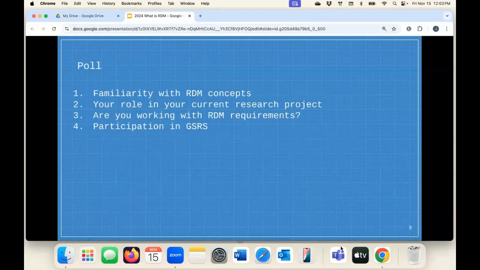I do have a quick poll that I think I'll be able to pull up. These are the 4 questions. So basically, where are you coming from in terms of familiarity? If you're working on a research project right now, what's your connection to that? Do you have requirements in your current situation? Are you working with funder requirements? Is your PI talking to you about stuff like this, or your advisor? And then I'm just curious if you have been participating in the series over the week.